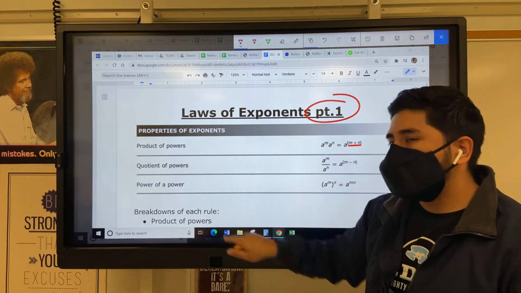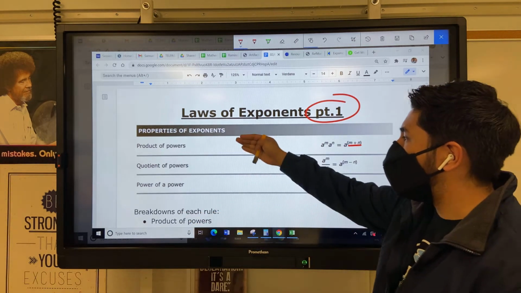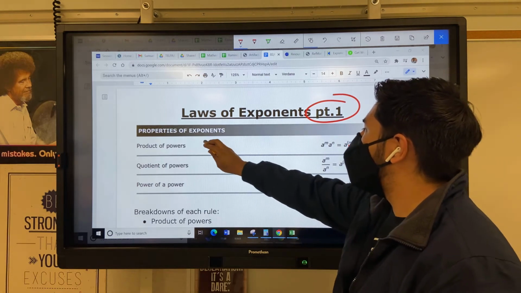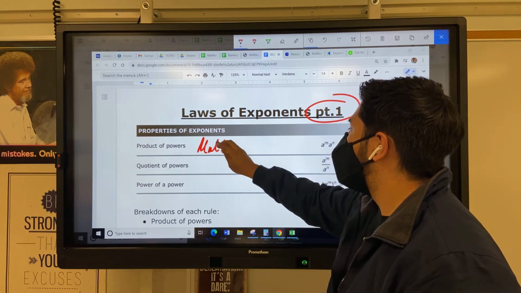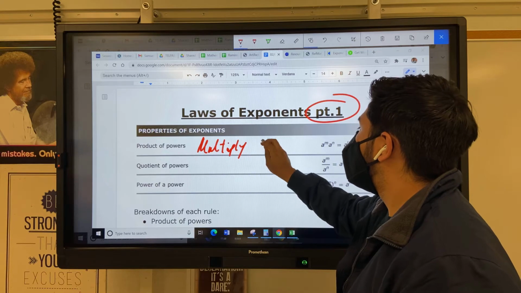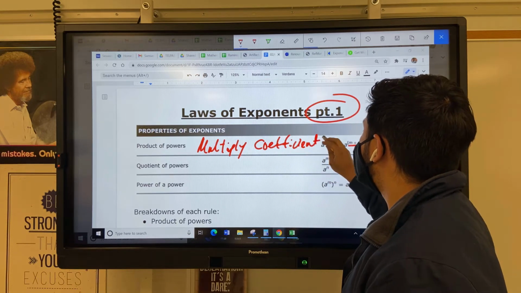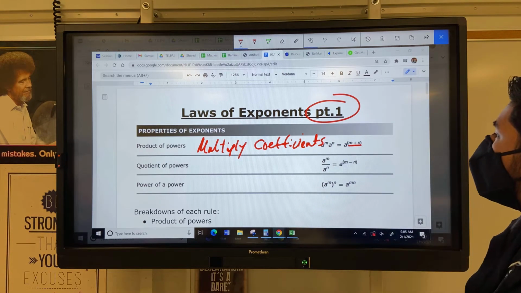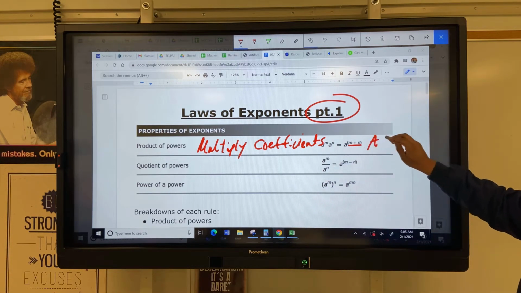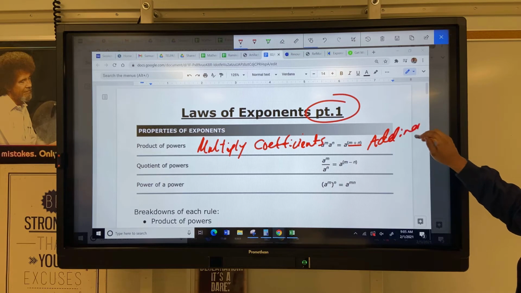If you want to write the rules down, you're going to be multiplying coefficients, and we're adding exponents.